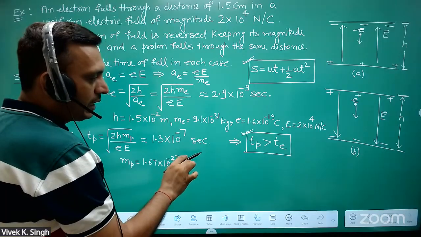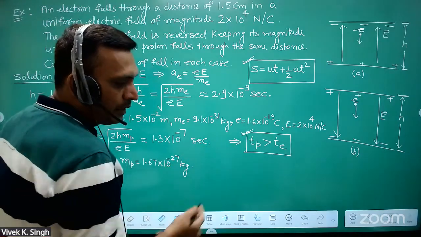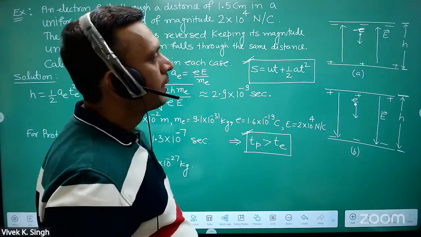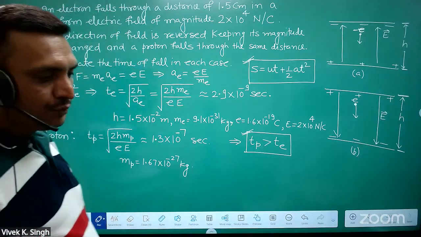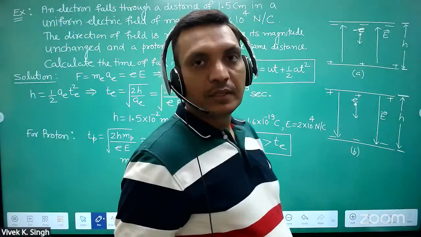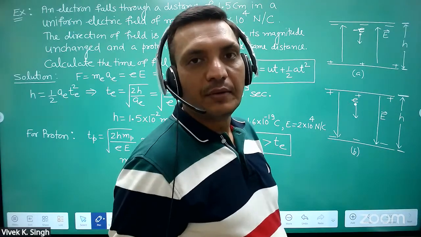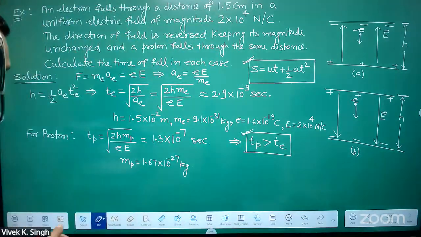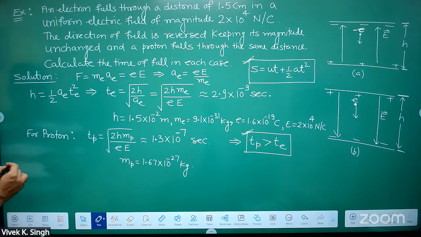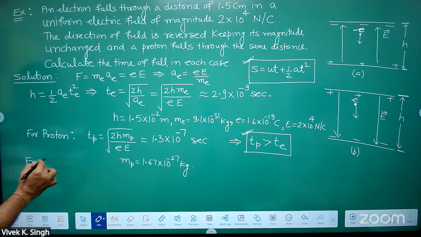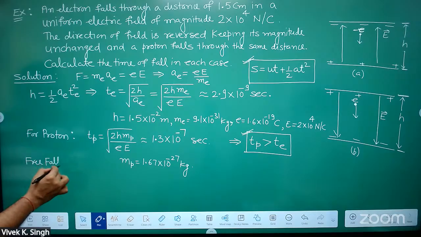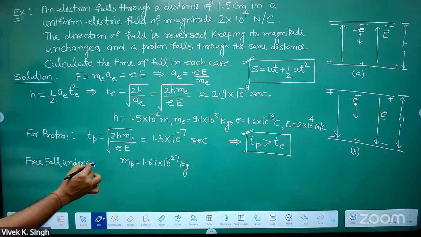So it will take more time in case of proton. But if you compare with free fall, if you are considering the effect of gravity, they take the same time. Yes or no? So free fall under gravity. What is free fall under gravity?